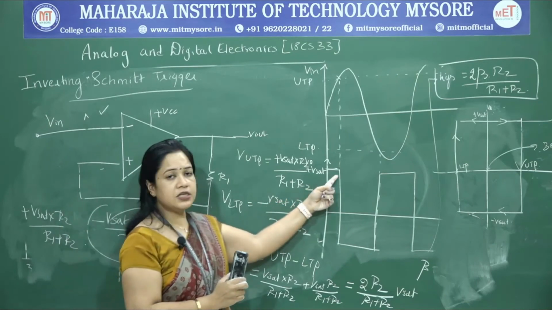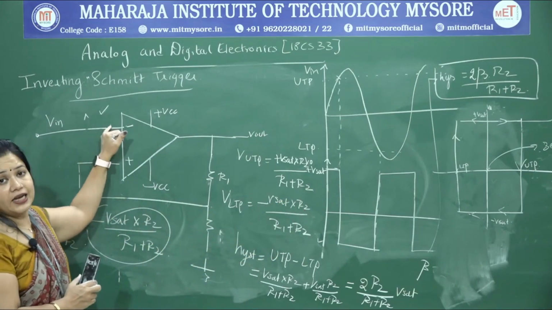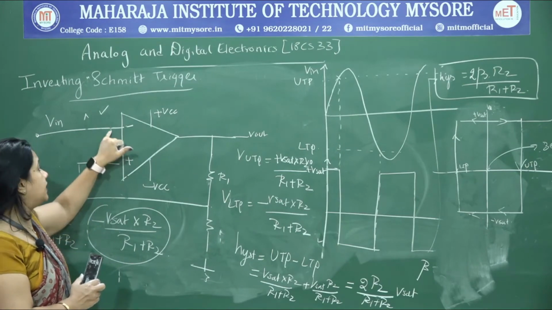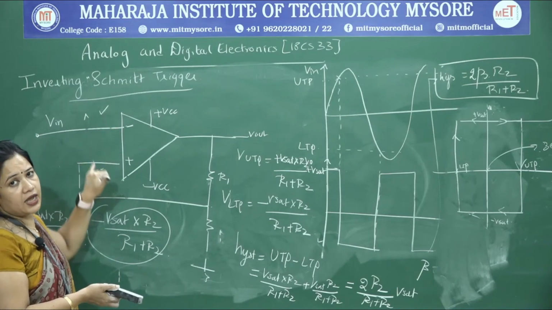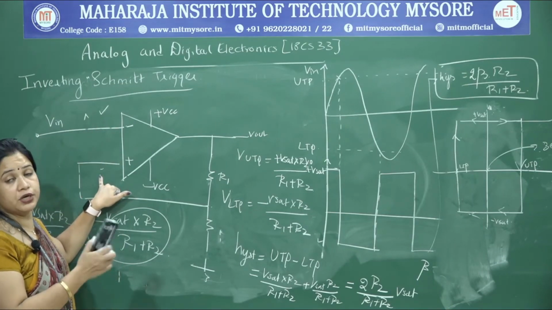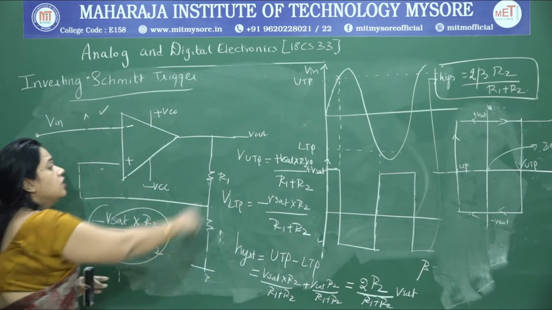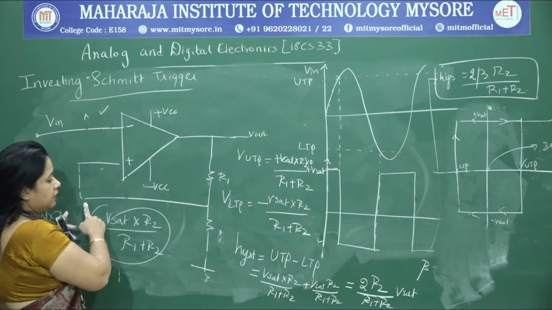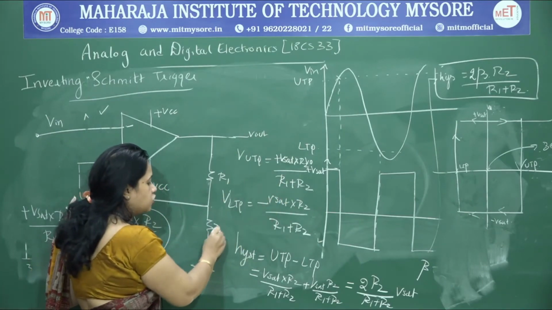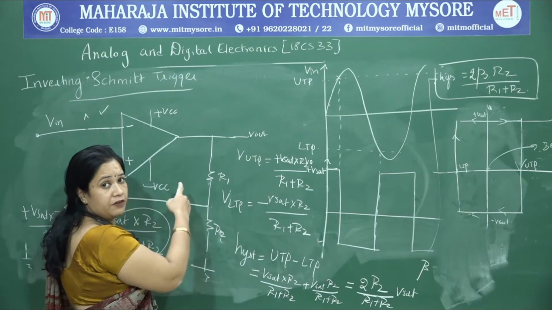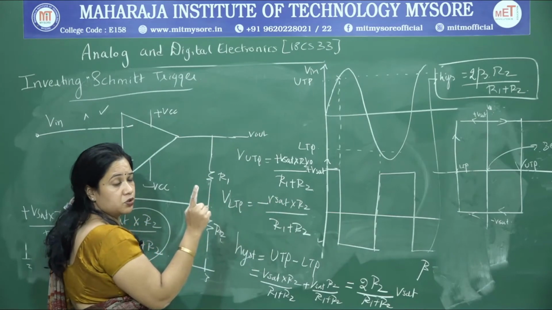The output continues to be at positive saturation until the input is greater than this reference voltage. And what is the reference voltage? A portion of the output is fed back to this input, and this reference voltage is plus Vsat times a portion: the voltage drop across R2 is applied as the reference voltage. So Vsat into R2 divided by R1 plus R2 becomes the reference voltage.